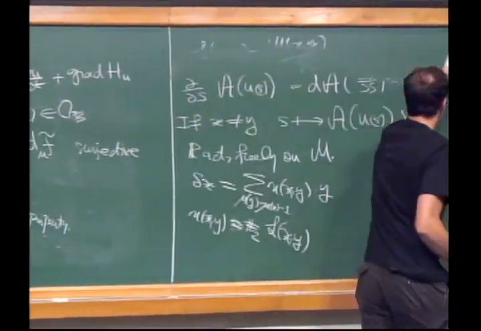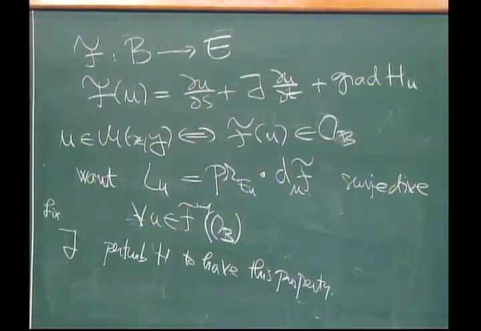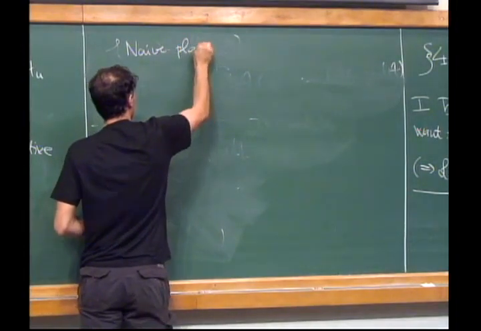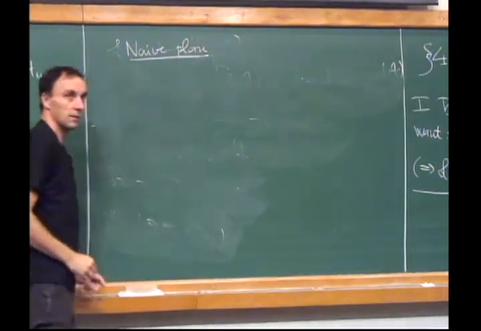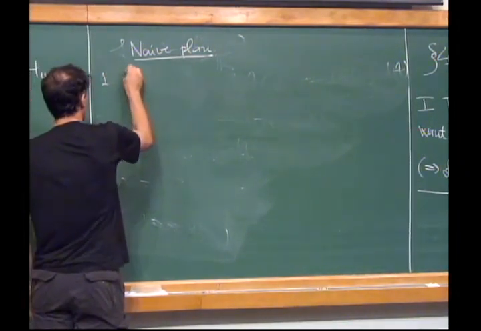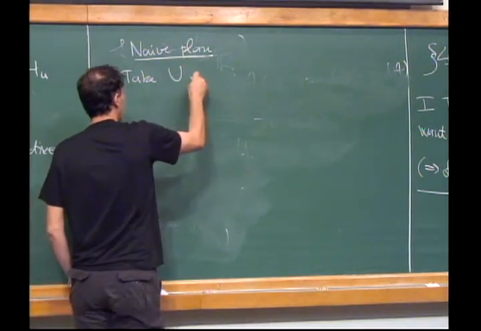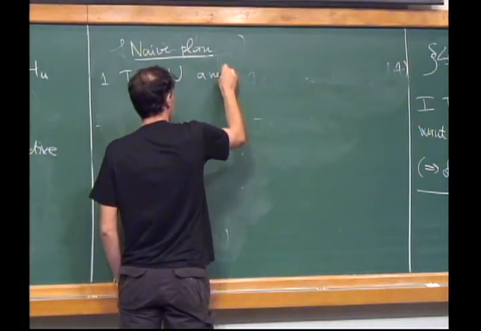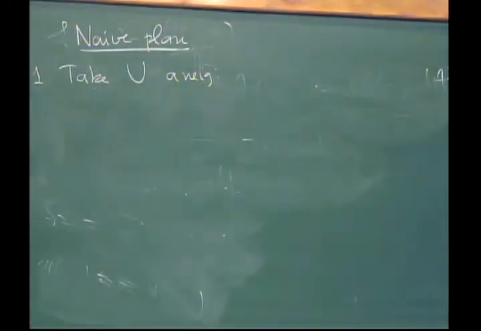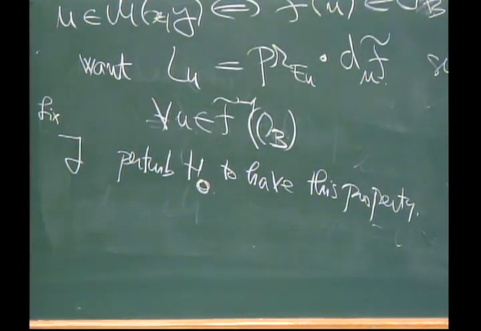Now, I have a naive plan to do that. Let me show you my plan. So first, let me fix, denote this by H0, H0 to be perturbed.